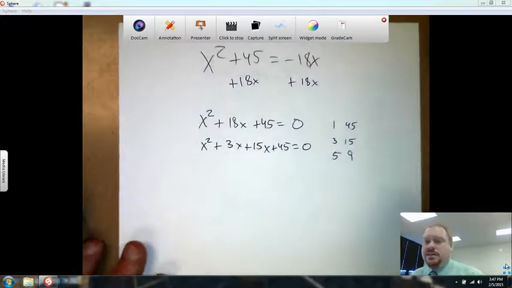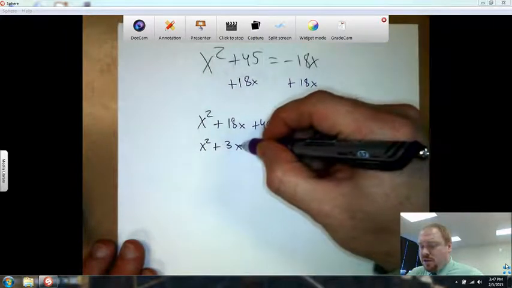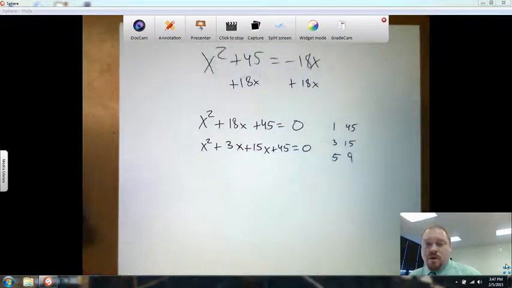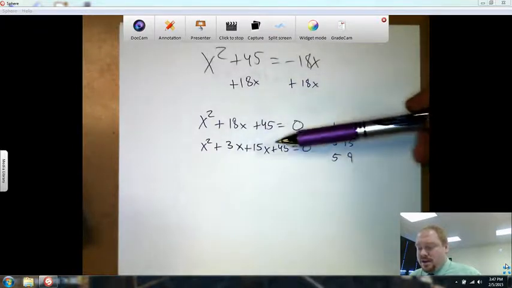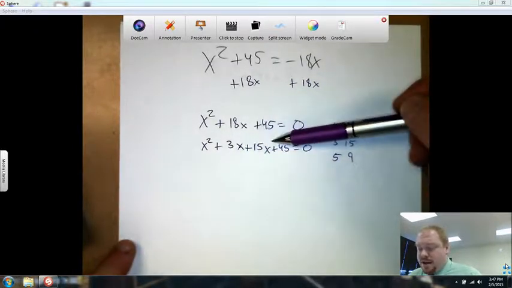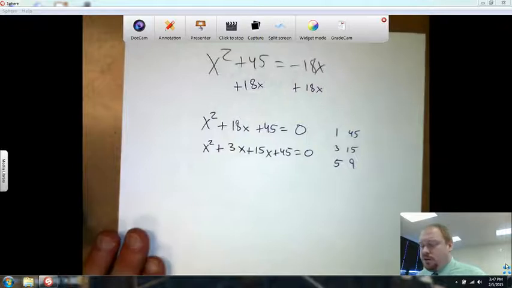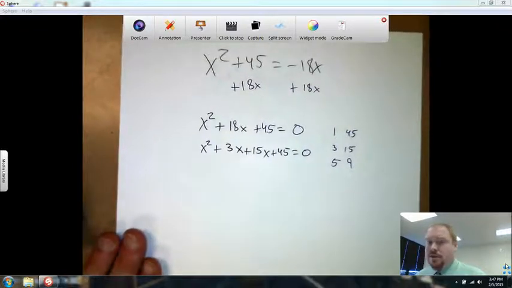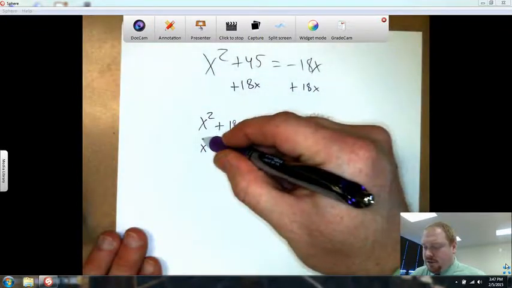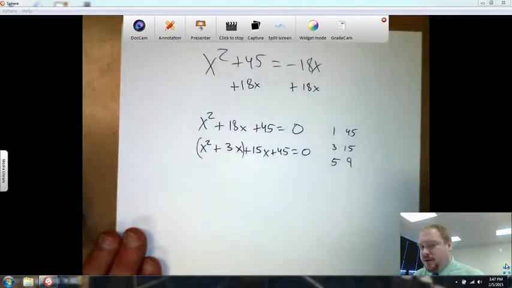Now, at this step, this may look similar to one of your other problems that you're working on. It does not matter that these have the same power or exponent to them. The approach is still going to be the same. So what I'm going to do is put parentheses around the first two items and the last two items.